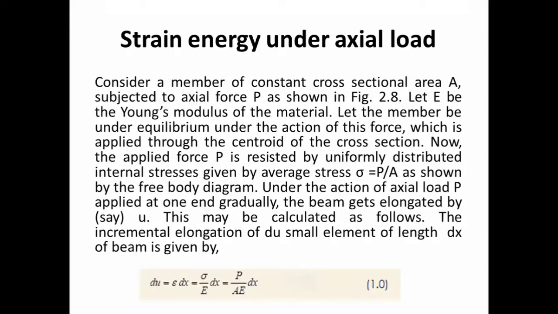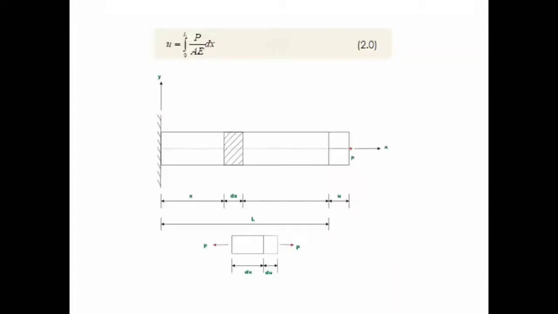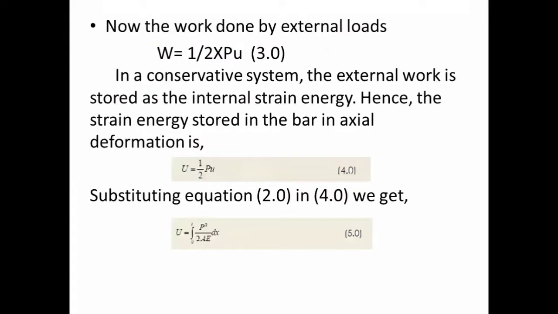We will have to do the integration, with limits from zero to the total length capital L. So integrating equation 1, we get u is equal to the integration from 0 to L of P by AE dx.